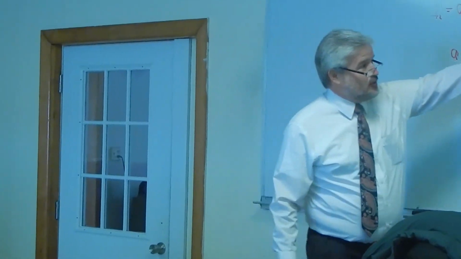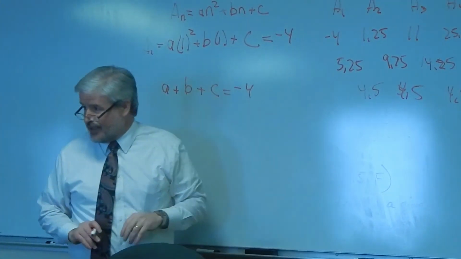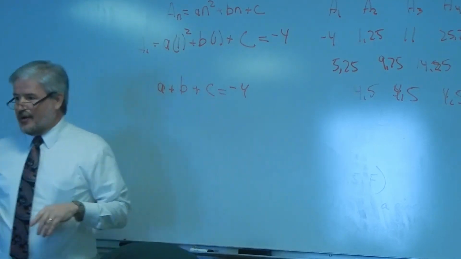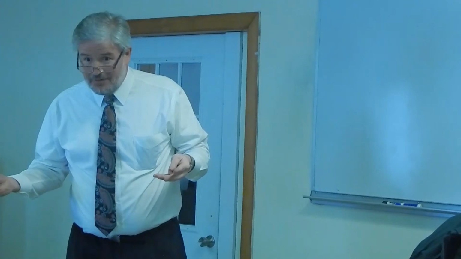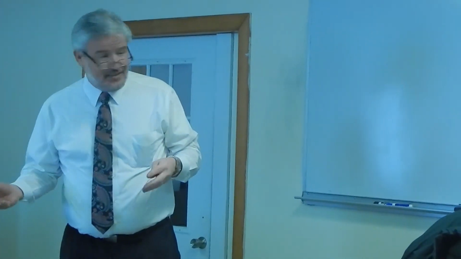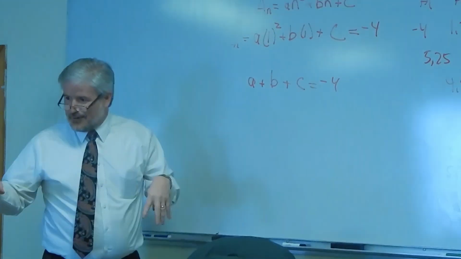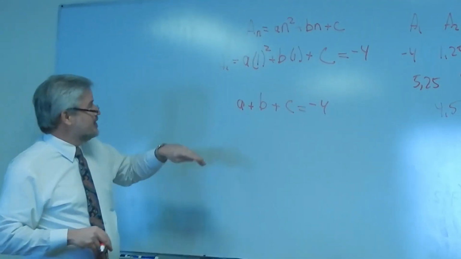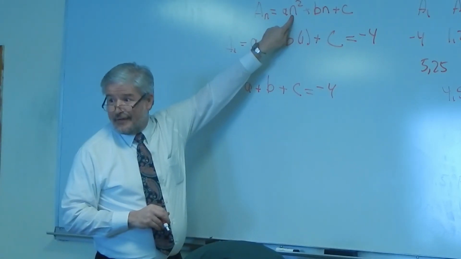Well, look at A2. We know that A2, again, we go from what we know, A2 is equal to 1.25, isn't it? And what value is n for A2? n is equal to 2.